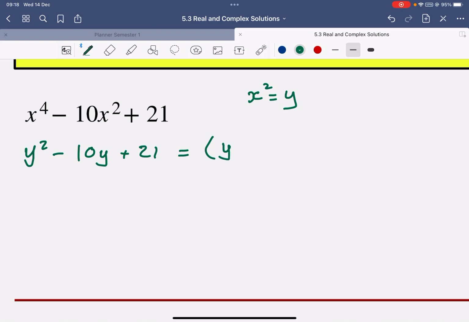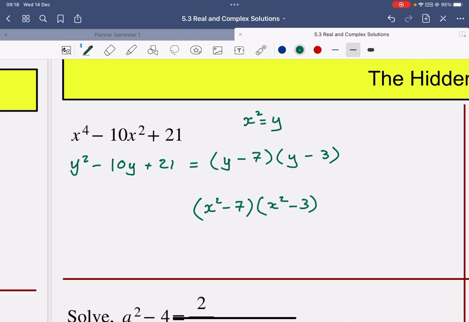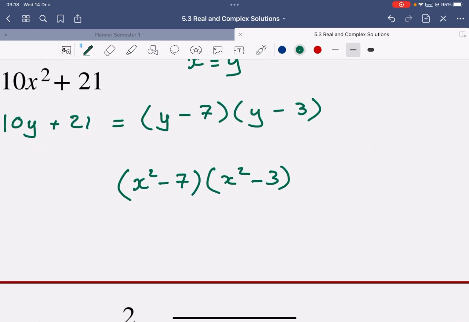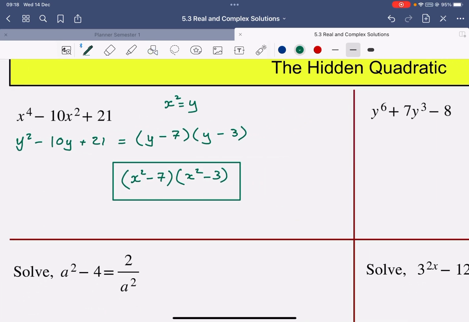So this becomes (y minus 7)(y minus 3). But my final answer will be (x squared minus 7)(x squared minus 3), just replacing the y at the very end. You can jump straight into that answer without using the y, but some people like to see this as the quadratic.